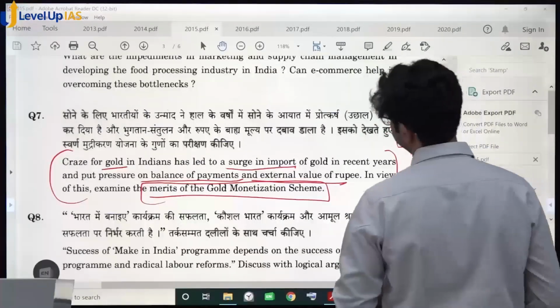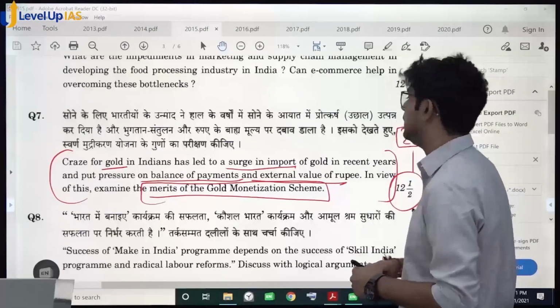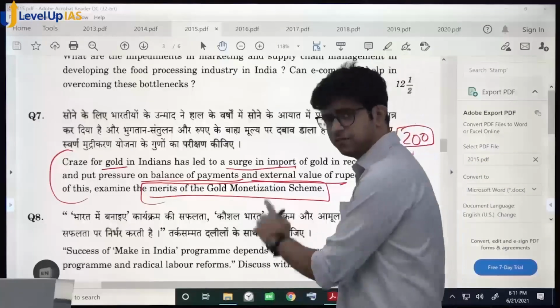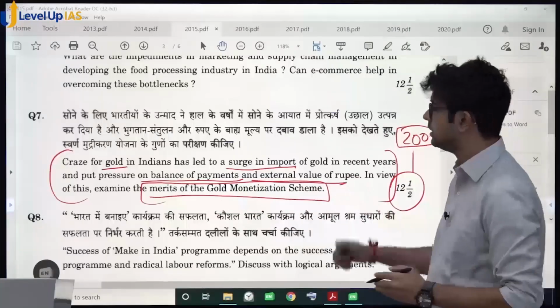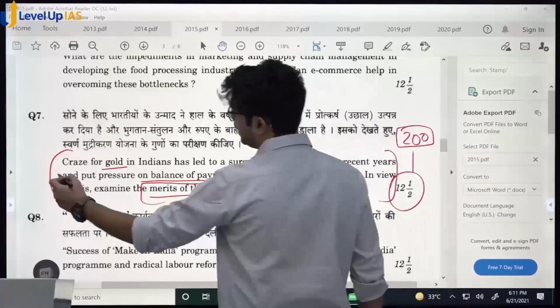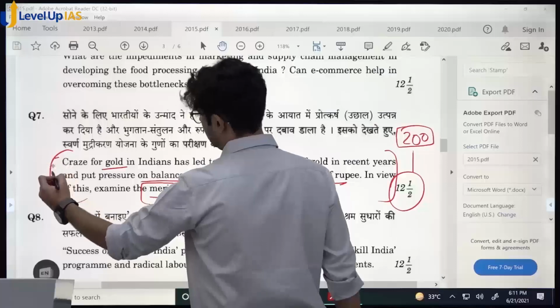Bolo bachcho. How many parts? I feel one part is the merits of the gold monetization scheme. It is very straightforward. The second part is you have to explain how, or the reasons.